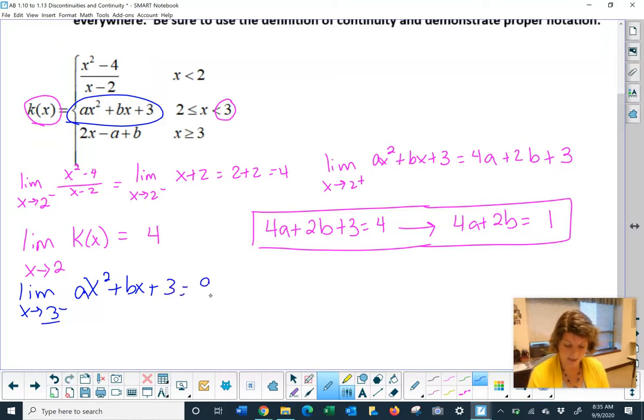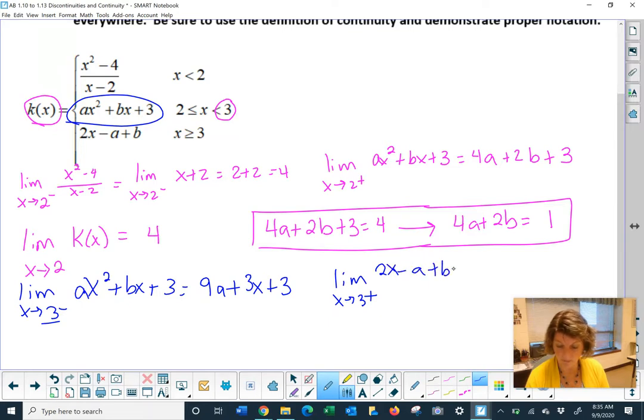I would have 9a plus 3b plus 3. From the right side, the limit as x approaches 3 from the right of 2x minus a plus b, plug in 3 for x, we're going to have 6 minus a plus b.